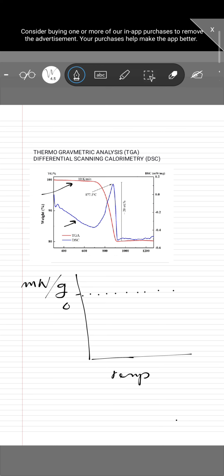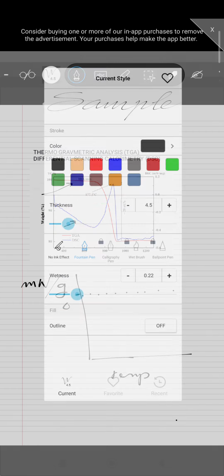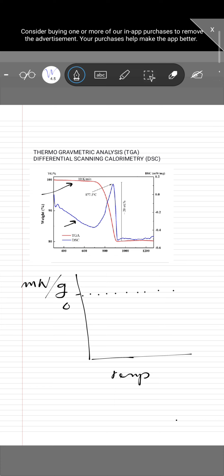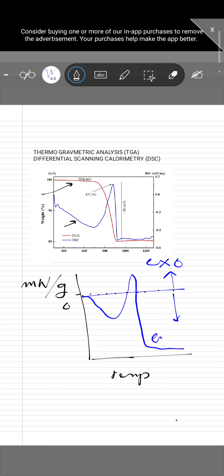The plot has taken a shape something like this. It's gone down, gone up, and again gone down. This is the shape. Now above this 0 line is considered to be the exothermic reaction, and below this line is the endothermic reaction.